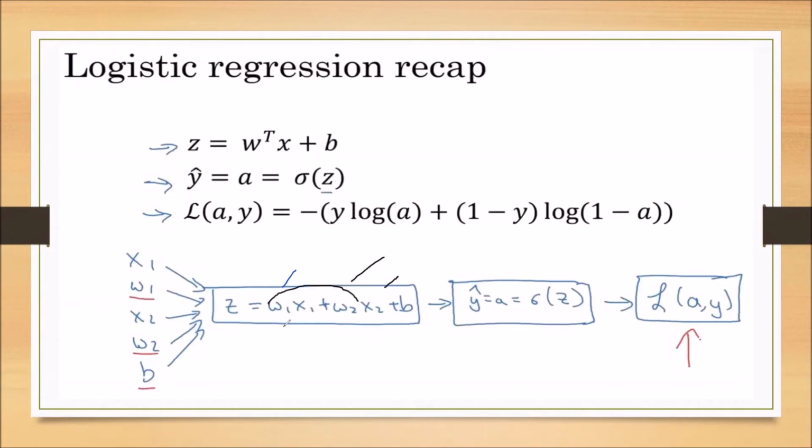Why have I taken only w1 and w2? Because we have two features. If we have 100 features, then we can take w1, w2 and so on up to w100, where this b is like theta naught we have learnt in machine learning. By using this z, we are predicting the output, that is y cap.